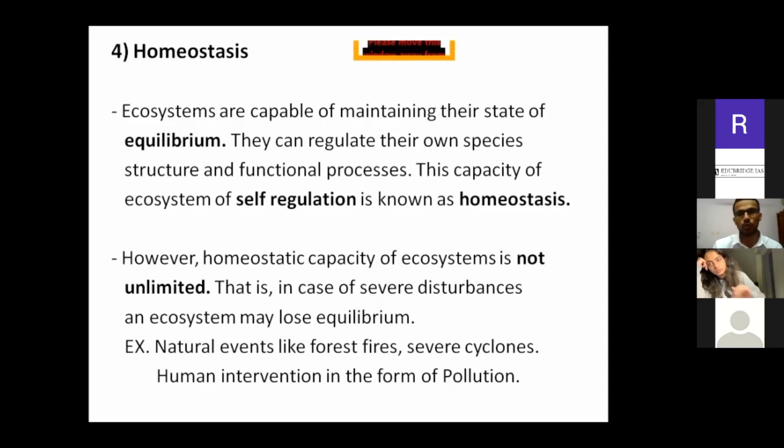One more reason to disturb homeostasis is the introduction of alien species or invasive species.